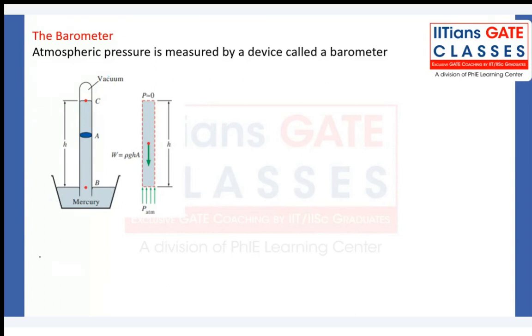Now, guys, whenever a tube is there, the tube which is having a diameter more than 10 mm, whatever the diameter of the tube is, we are taking it to be more than 10 mm. Now, why are we taking the tube diameter more than 10 mm? So that we can avoid the capillary action or whatever capillary effect is there, right?